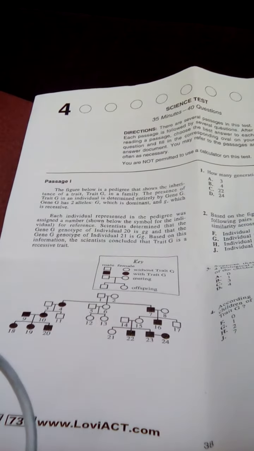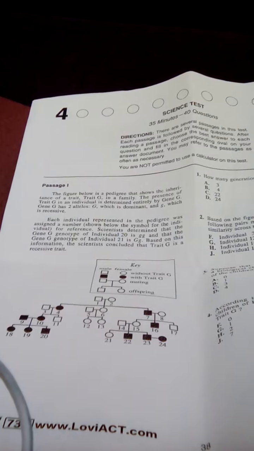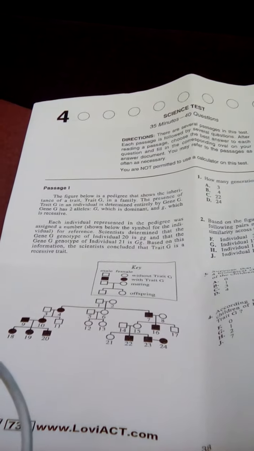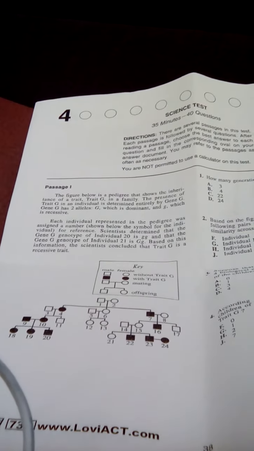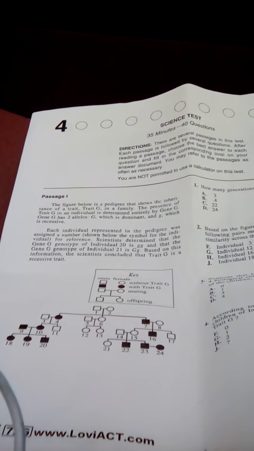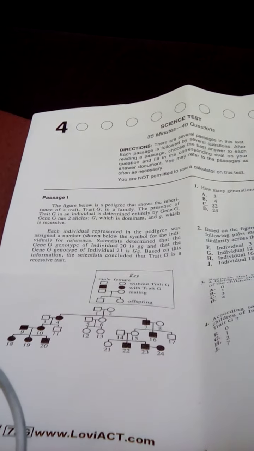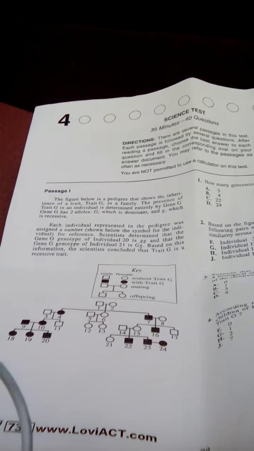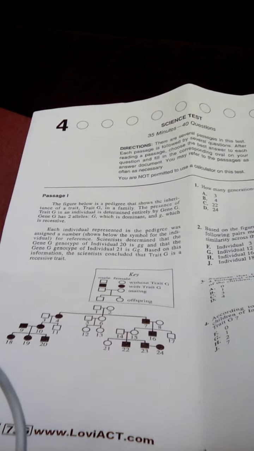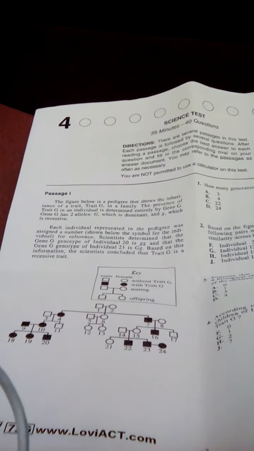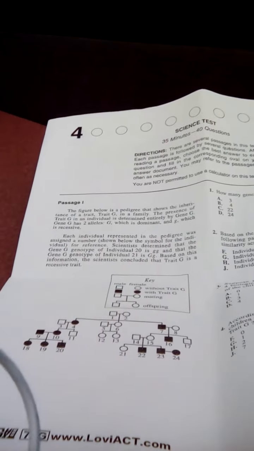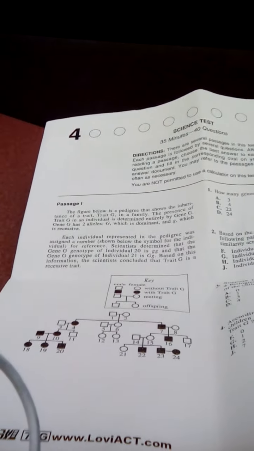Each individual represented in the pedigree was assigned a number shown below by a symbol for the individual. For reference, scientists determined that the gene G genotype of individual 20 is little g, little g, and that the gene G genotype of individual 21 is capital G, little g. Based on this information, the scientists concluded that trait G is a recessive trait.